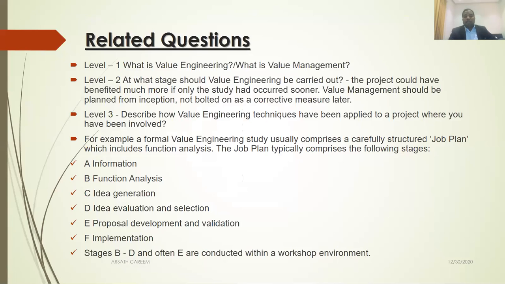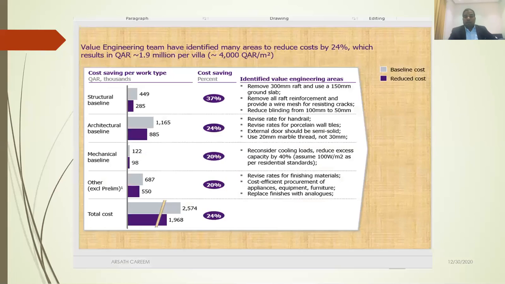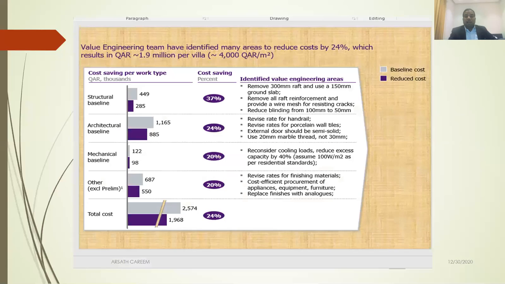Also my project manager and all the design team, structural, electrical, mechanical, all together, did a functional analysis of every function, substructure, foundation. After the analysis, we identified ideas where we can reduce our design and provide the best value for money through the design.